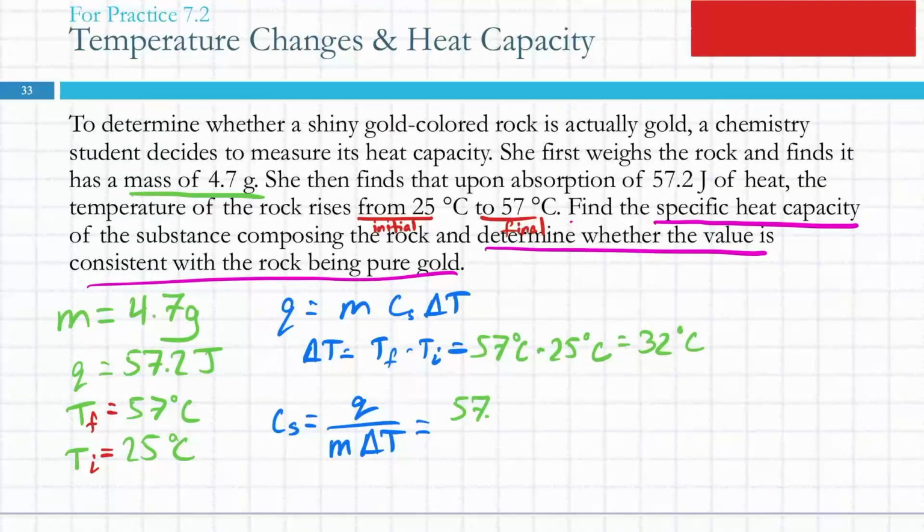So we plug in joules, put that over grams, and delta T with degrees Celsius.